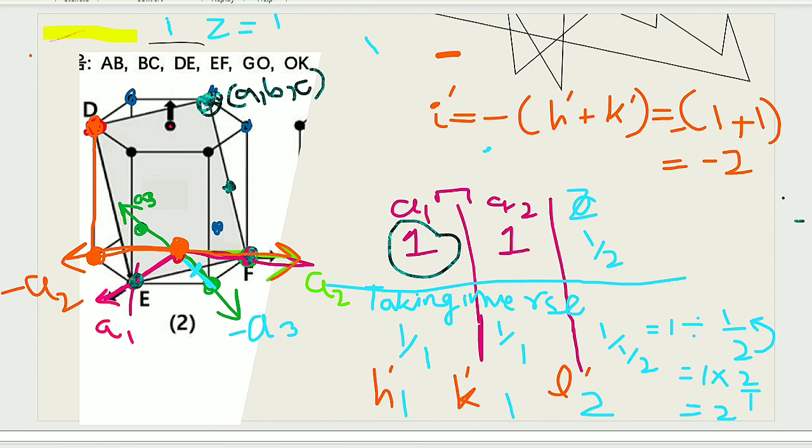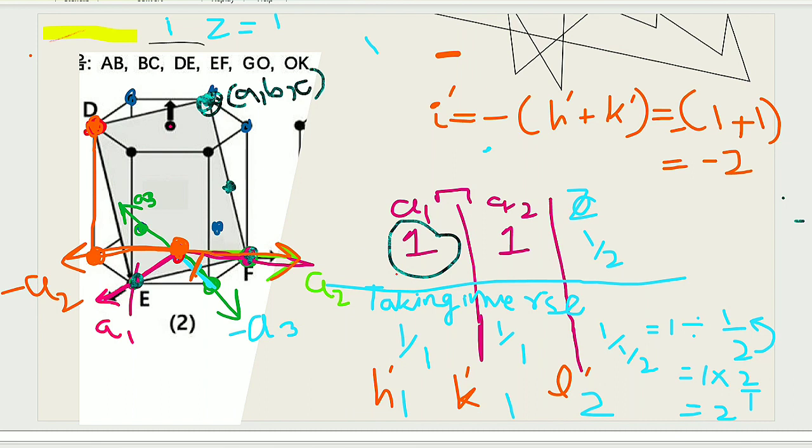So if I take the inverse of this index, the inverse of minus 2 is minus 1 over 2. As I told you earlier, I estimated the intercept here is half, and since it is in the negative a3 direction, it will be minus 1 over 2. So its intercept was minus 1 over 2, and if you take the inverse of minus 1 over 2, you get minus 2, and this is what we got here also.